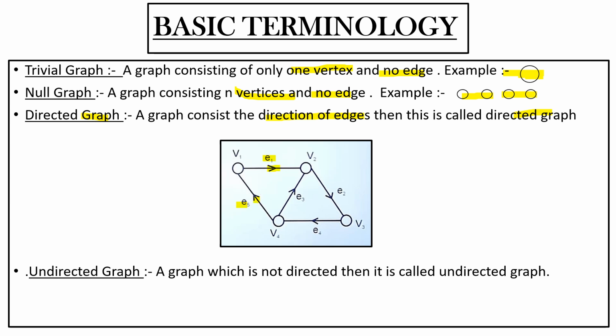E1 is going from V1 to V2, E2 is going from V2 to V3, E3 is going from V4 to V2, E4 is going from V3 to V4, and E5 is going from V4 to V1. So these are the directions of these edges, and such type of graphs are known as directed graphs. And the graph which does not contain any directions of the edges is known as an undirected graph.